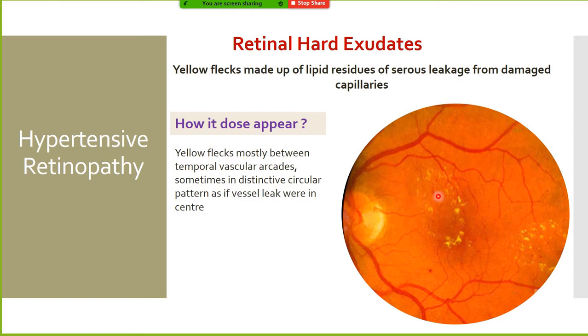Hard exudates have a distinct margin, and cotton wool spots usually appear fluffy, as we discussed during our diabetic retinopathy discussion. So this is the major difference between retinal exudates and cotton wool spots.